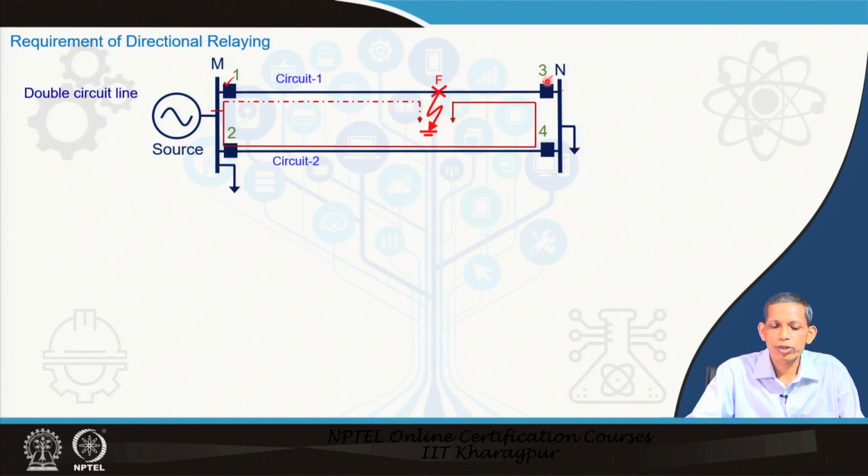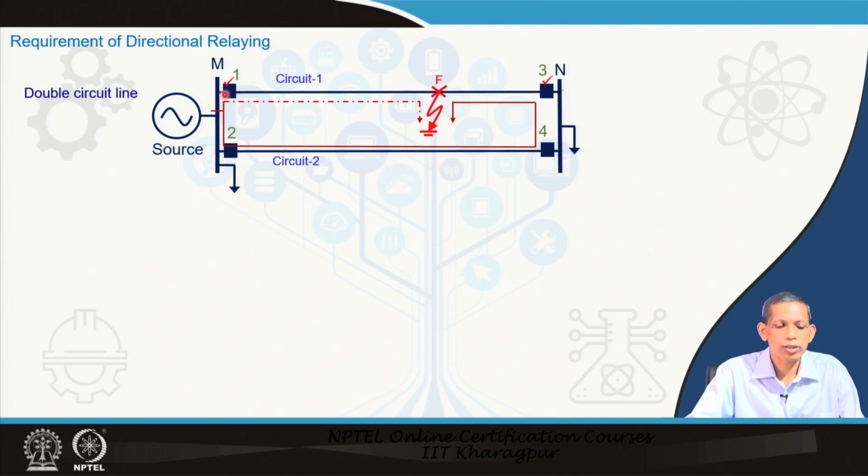With a directional relay here, it can discriminate whether the fault is in the line section or not, and thereby we can have coordination at the overcurrent level between 1 and 3. So, 3 can trip first, and once 3 opens the breaker, there is no current from this side. So, this circuit does not have any current, and this current may still be flowing, and at a later time, coordinated with 3, this can be opened.